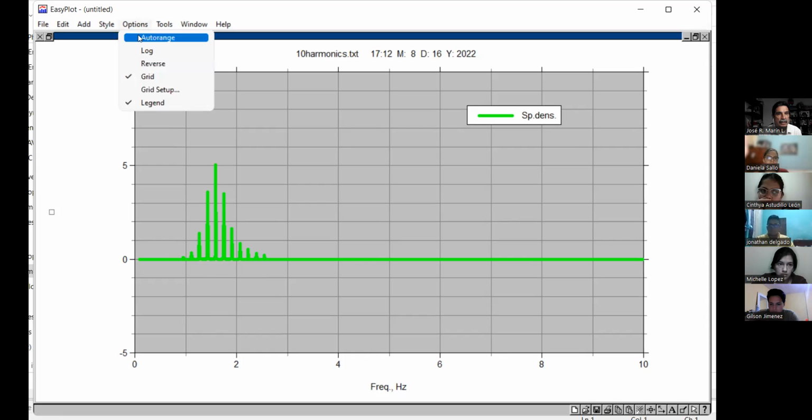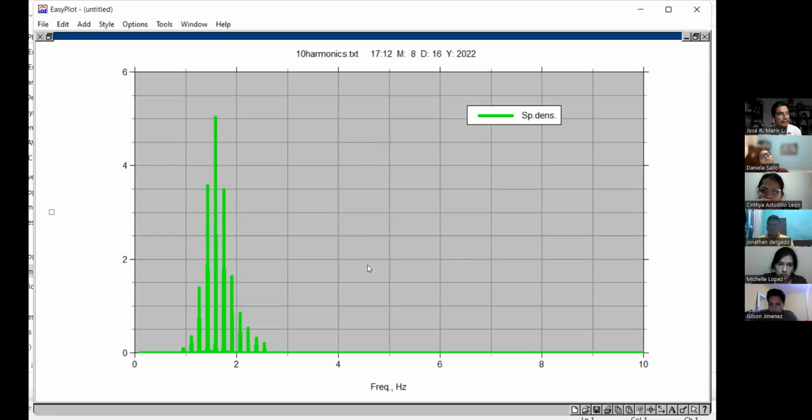You can option auto range the whole graph. And this is exactly what I'm supposed to obtain, because remember that I employed 10 harmonics to generate this. Okay.